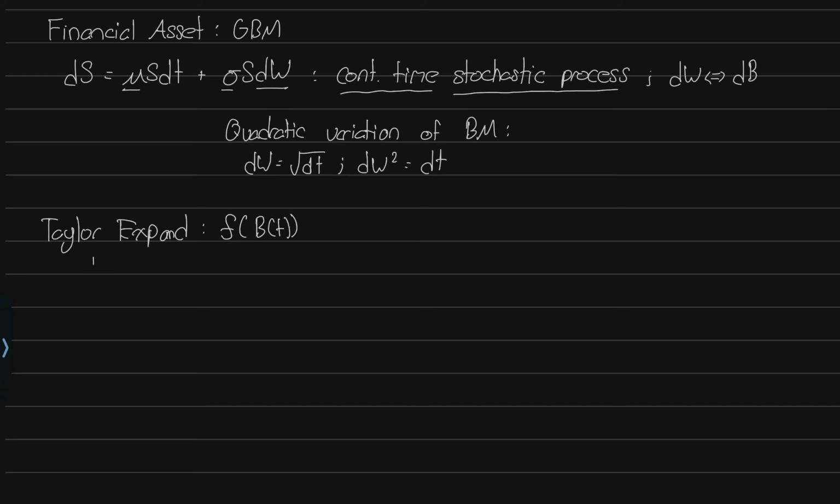When we find df, we are going to need term 1 and term 2 of our Taylor expansion when we actually expand this out in this setting. And this term 2 specifically is because of the quadratic variation of Brownian motion.